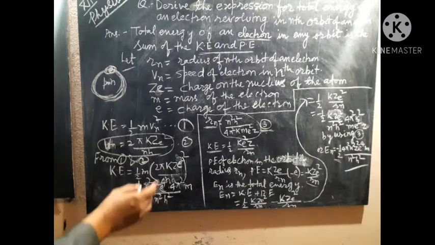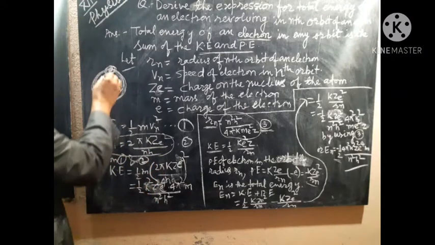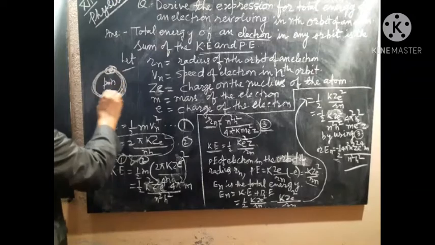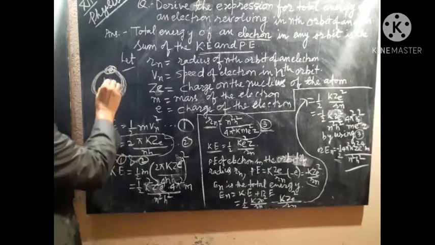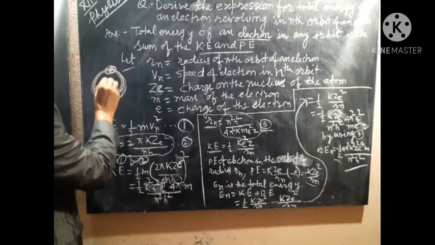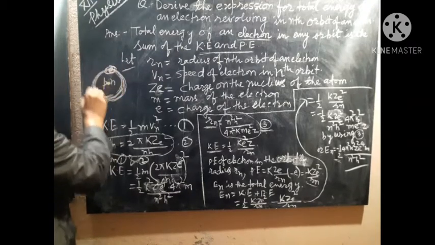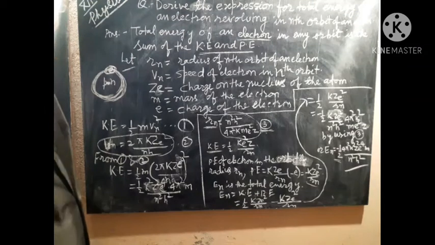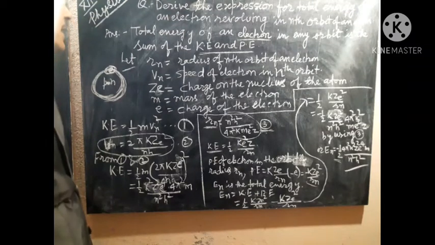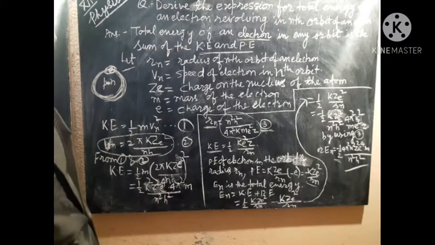Regarding the electron, you should understand, suppose this is an atom and in the nucleus you will observe that there are protons and neutrons. An electron revolves around the nucleus. Here we have to obtain the expression for total energy of an electron.